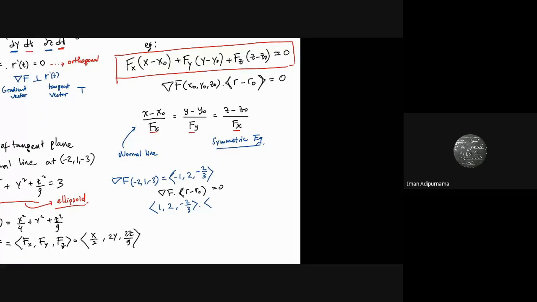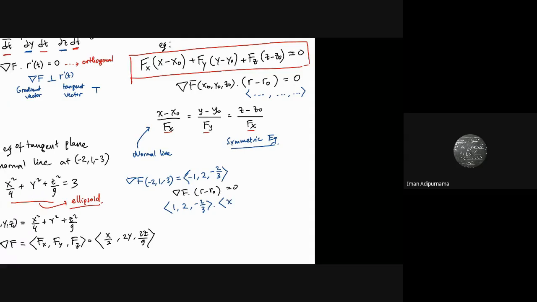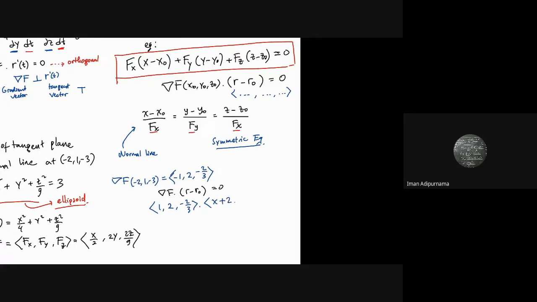I think it's the same thing when you subtract this and you want to make it into 3 axes. So (x plus 2, y minus 1, and then z plus 3).